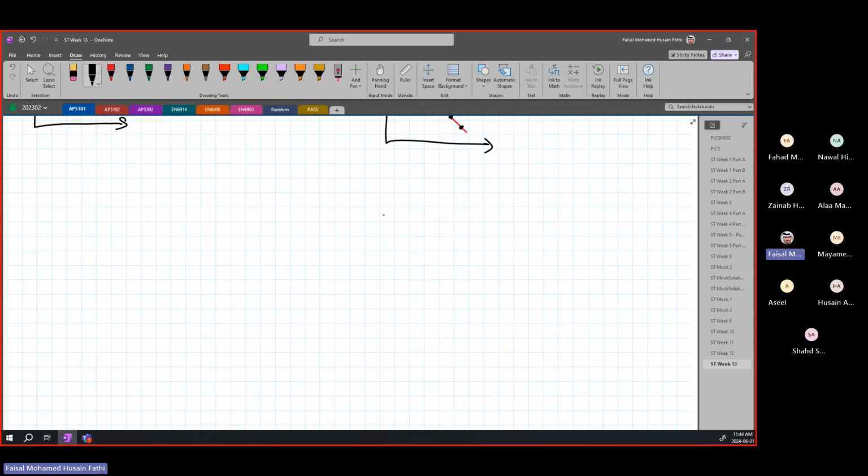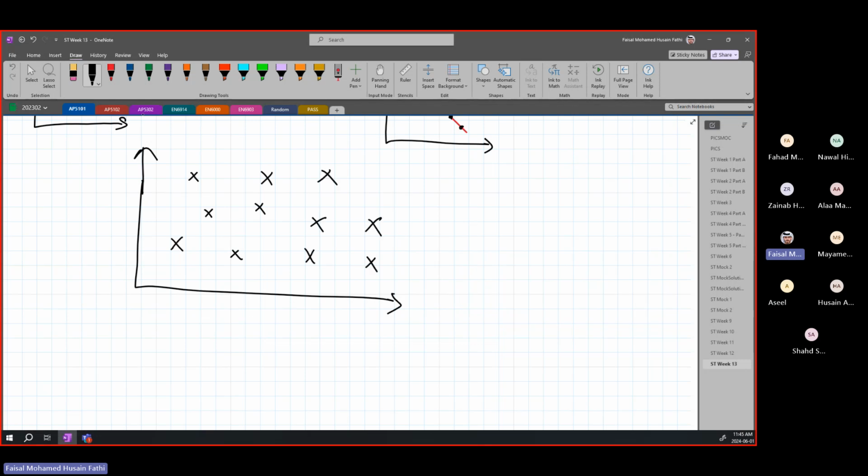And let's say the last graph where the points are just scattered. Let me make it a bit better, actually. So we have a point here, a point here, a point here, something like this. You don't have any actual line that you can draw. In other words, you basically have no slope, and you would draw a straight line in the middle because you do not know exactly what it is.